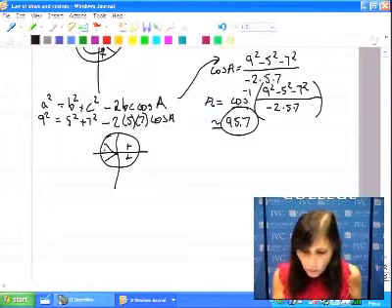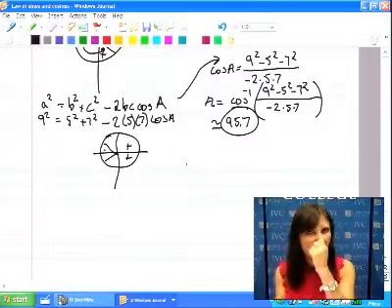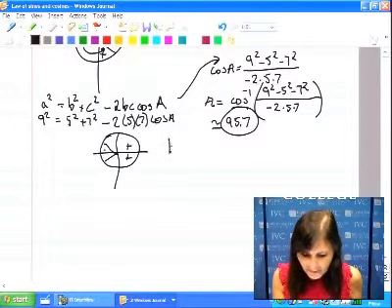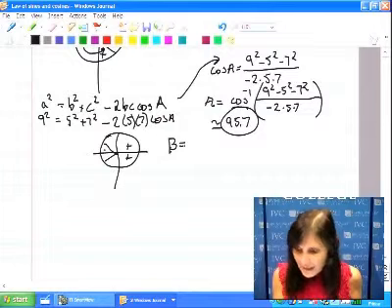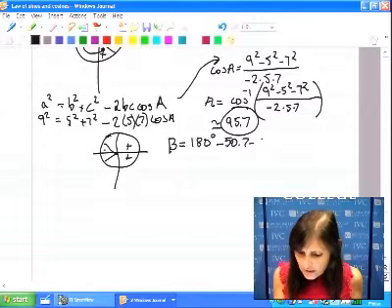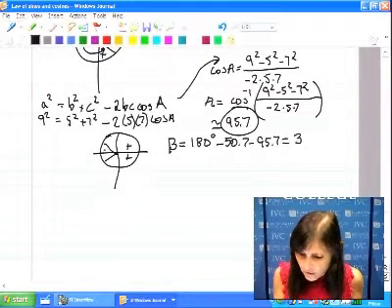So let's look at the third angle. For the third angle, you don't have to use the cosine law again. You can just subtract and make sure that it makes sense. So it's 180 minus 50.7 minus 95.7, and that is 33.6 degrees.